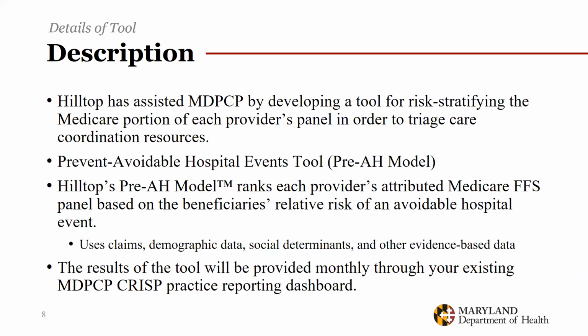So after an extensive literature review and significant data modeling, what we came up with was the Avoidable Hospital Events tool that we nicknamed Pre-AH. And this is built on our time-to-event statistical modeling framework.